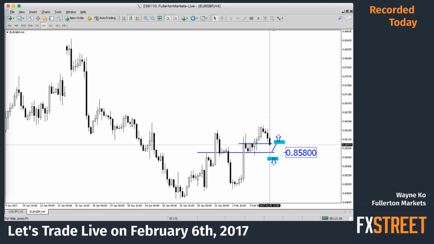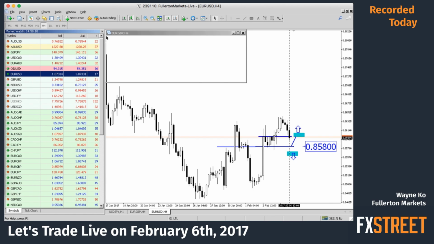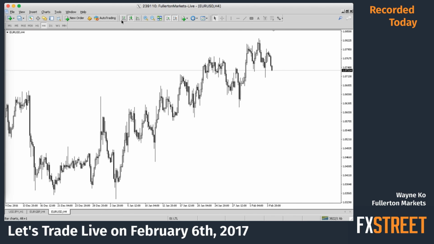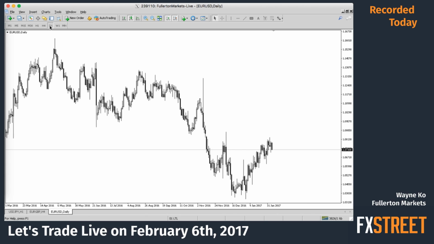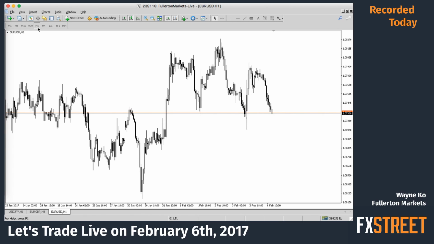Okay, I will not go through every time frame. Rather, I'll just pick one time frame as usual. So let me just open the Euro Dollar chart. I will pick a time frame which I can spot some trading opportunities. So this is a daily chart. This is H4 and this is H1.